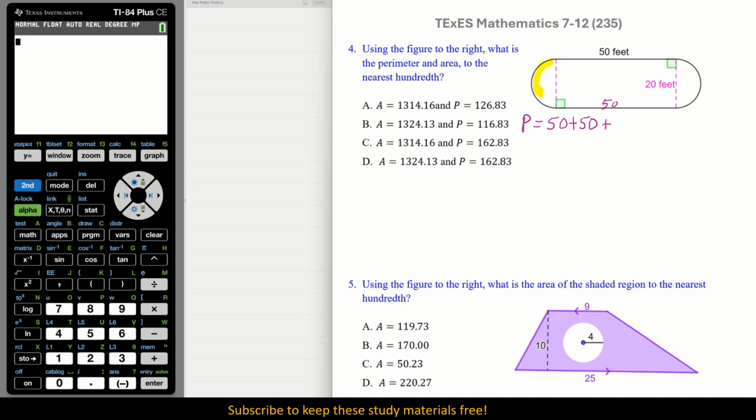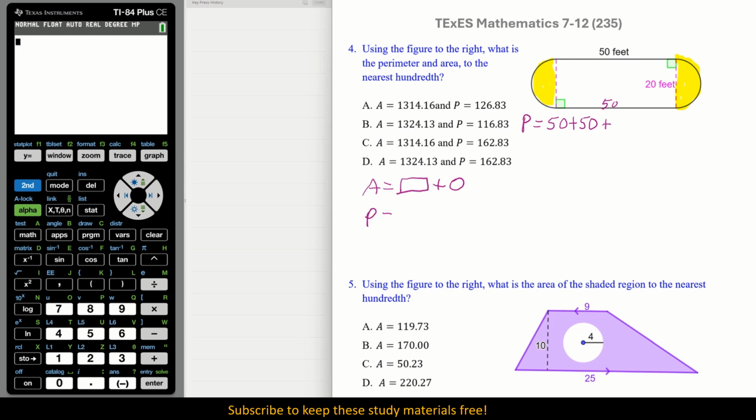If you look carefully, we have 2 halves of a circle. So when you calculate this, all you need to do is add a rectangle to a circle. That's really what we're doing. So really, what do we have? Area equals rectangle plus circle.